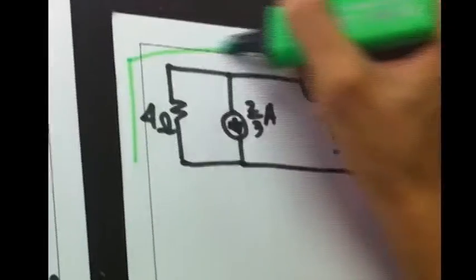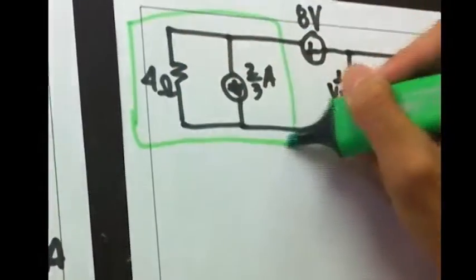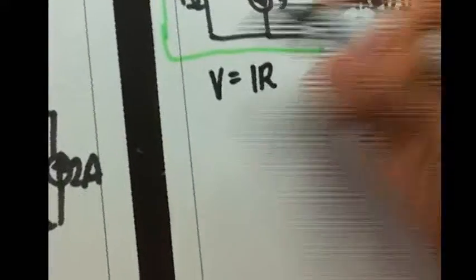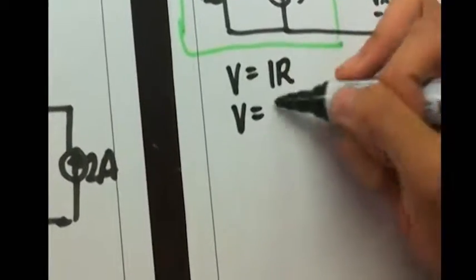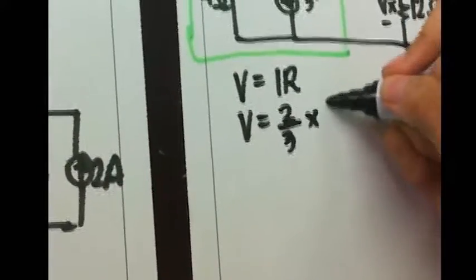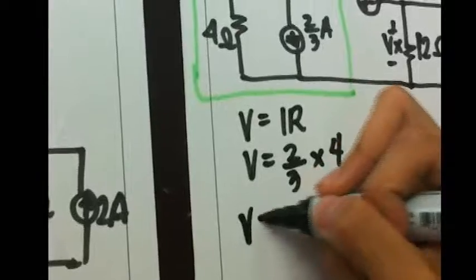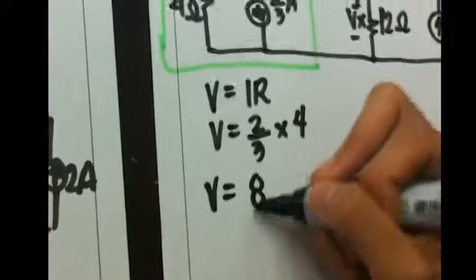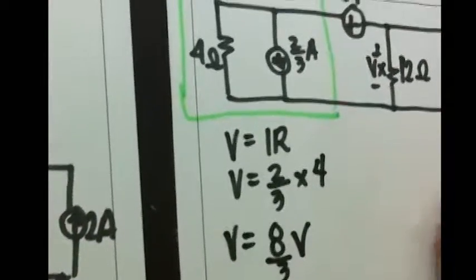Applying the source transformation again, V is equal to IR. Our current here is 2 over 3 and resistance is 4. Therefore, V is equal to 8 over 3 volts.